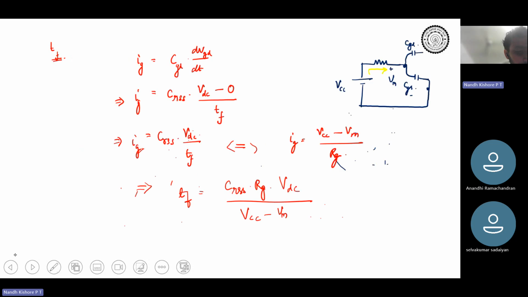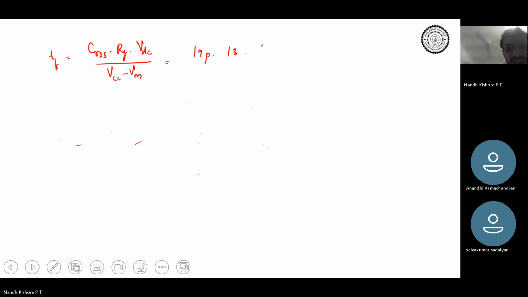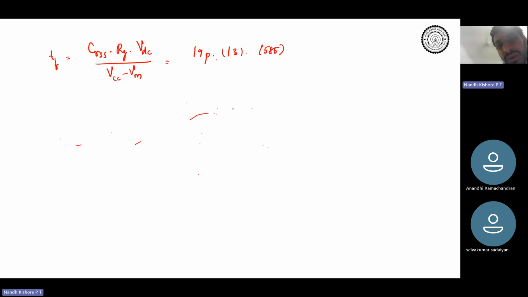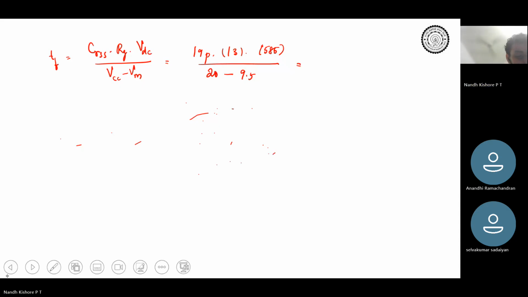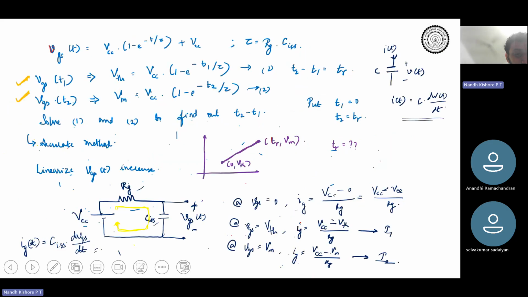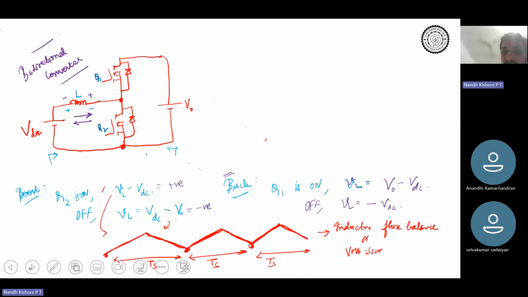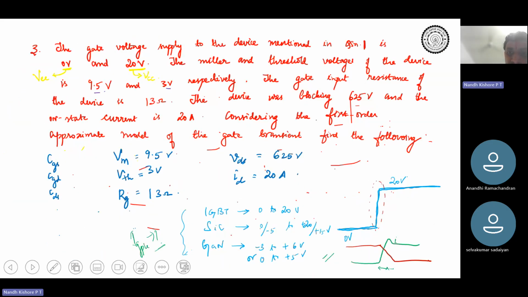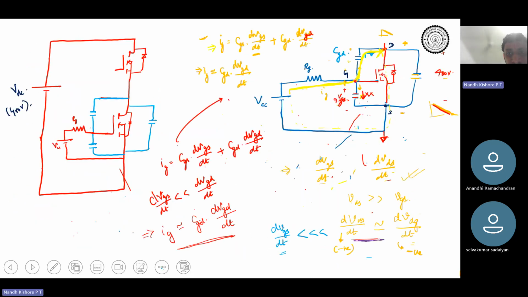So CRSS was I think 19 picofarad. RG is 13 ohms into VDC. I forgot what is VDC. 585, I think. Please check. Okay, 585 divided by VCC is 20 and VM is 9.5. I forgot what VDC is. VDC is, sorry, 625 volts.